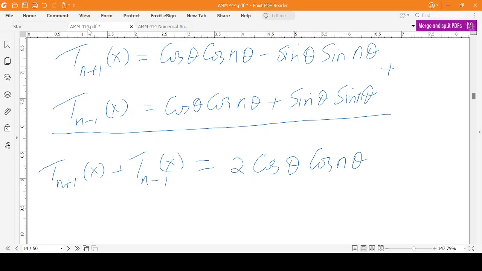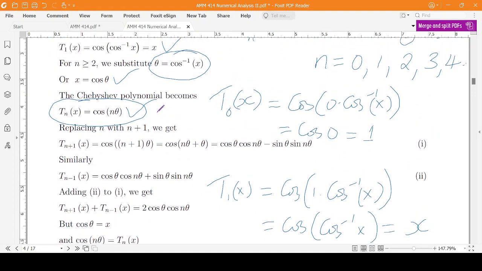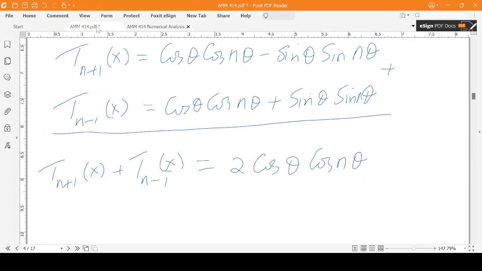Now, notice that cosine of theta is equal to x, while cosine of n theta from this other expression is equal to Tn of x. So where we have cosine of theta here, we shall write x. So this becomes 2x.